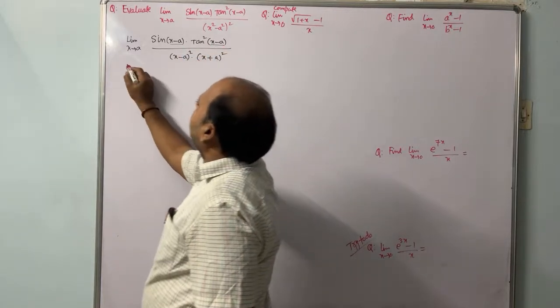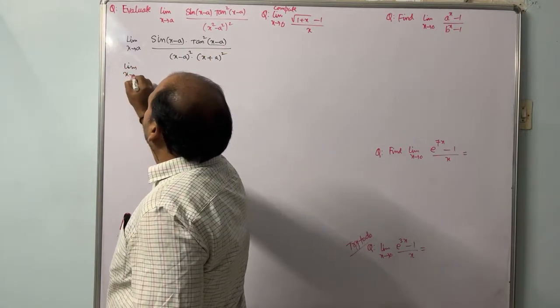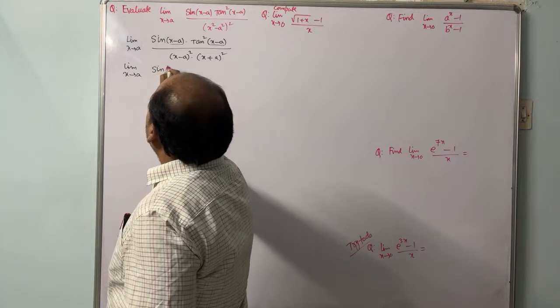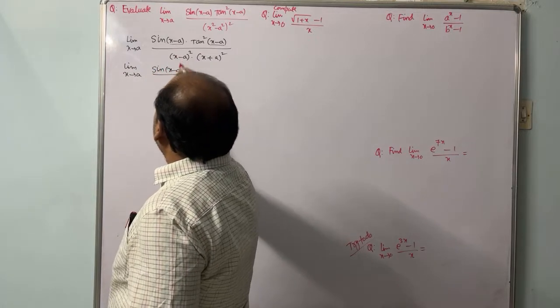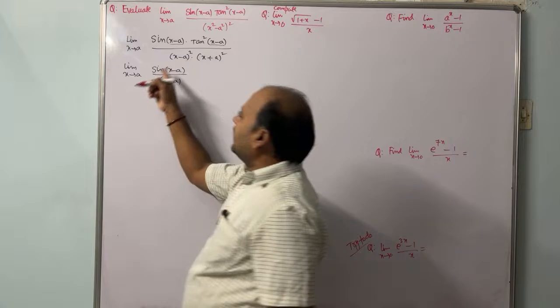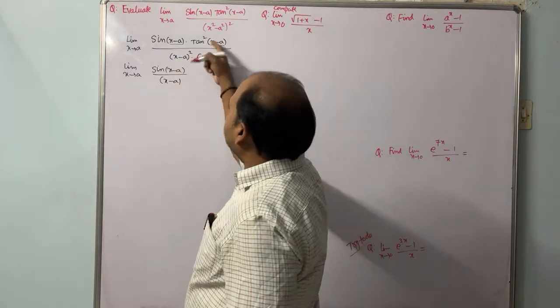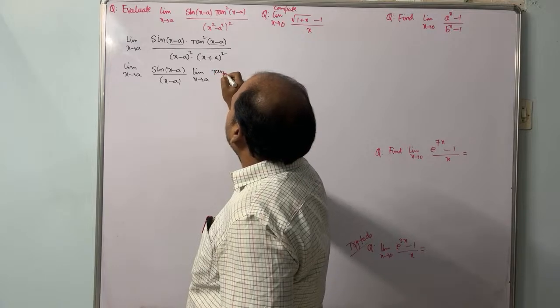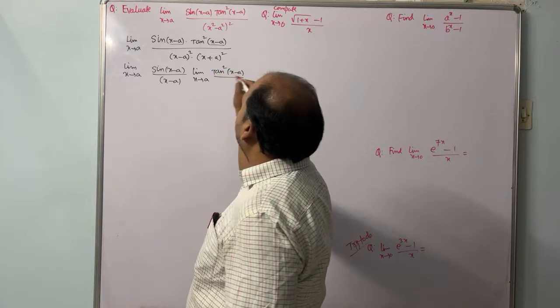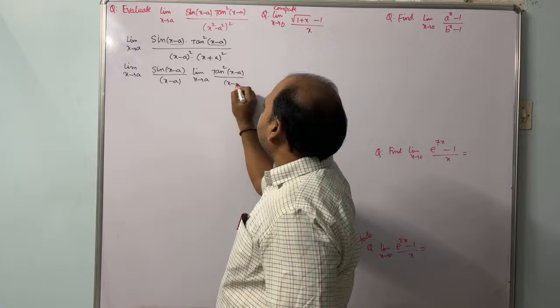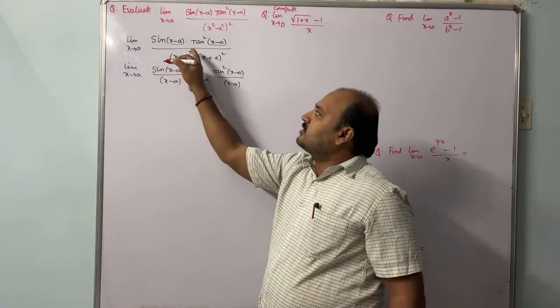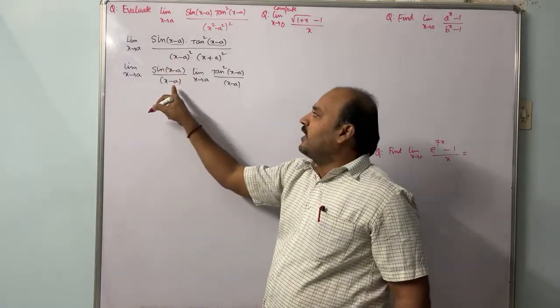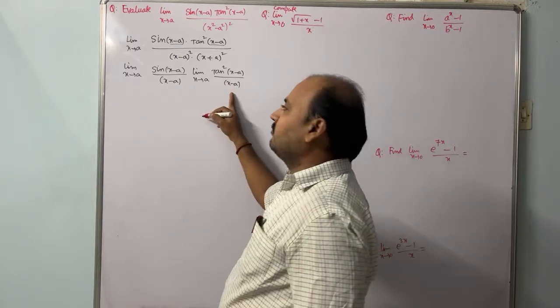For these two, limit x tends to a, sin of x minus a divided by x minus a, I am taking here. One more is there, here tan square is there. Limit x tends to a, tan square of x minus a by, here x minus a whole square means one x minus a here, another x minus a here.